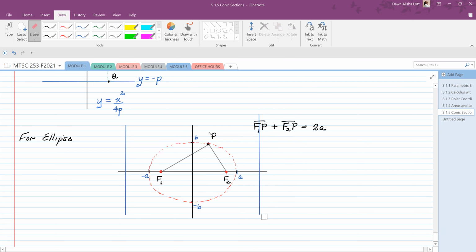Okay, so this is directrix 1. And this is directrix 2.